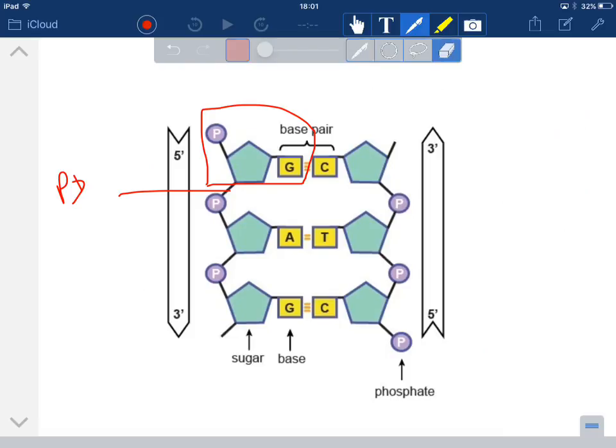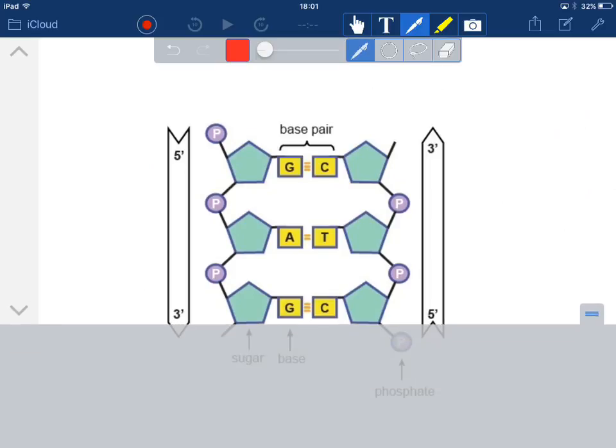Next thing I want to mention is the bases. Now there are two types of bases: the purines and the pyrimidines.